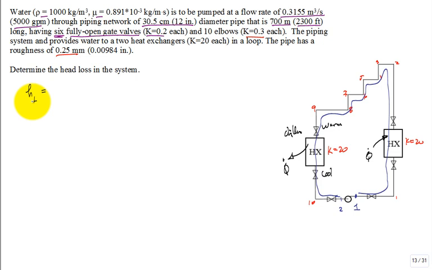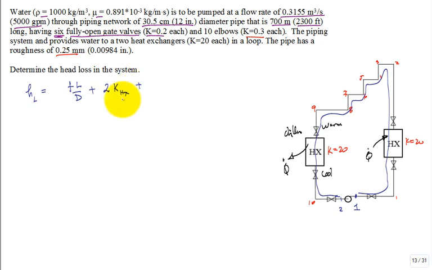We're going to go back to the Bernoulli equation. And so we're going to have the friction factor, L over D, for the major loss through all that straight run of pipe. We'll have 2 Ks for the heat exchangers, because we're going through two heat exchangers with a loss coefficient.